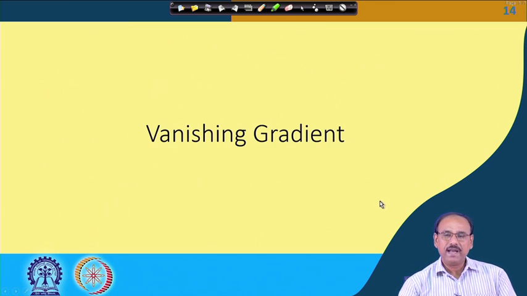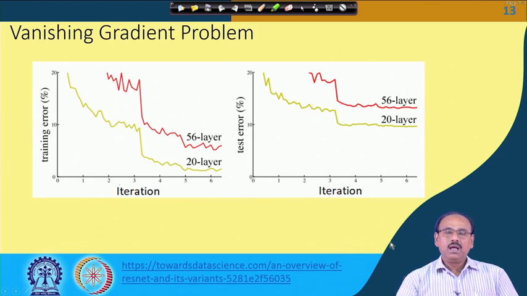So, what is this vanishing gradient or exploding gradient problem? It was believed that as the depth of the neural network increases, the capacity of the neural network also increases, and the neural network learns more and more features and representations.